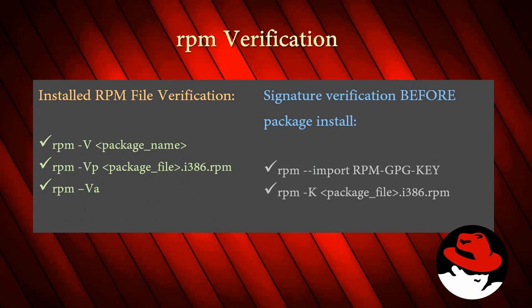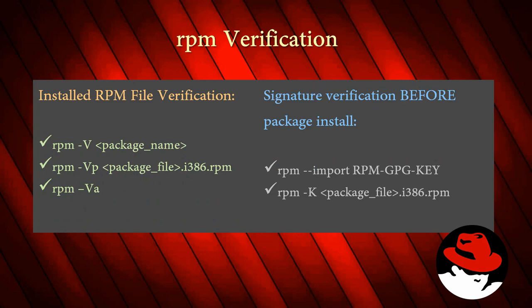You have to perform a signature verification before a package installation by writing rpm --import, the RPM GPG key, then the rpm -K argument, followed by a package name, architecture and .rpm.